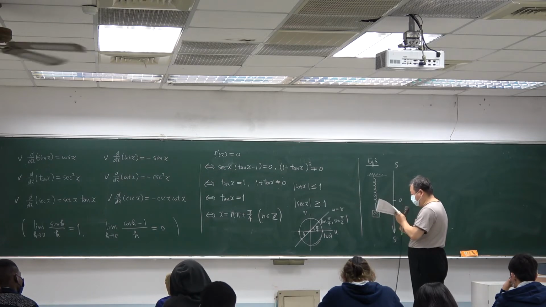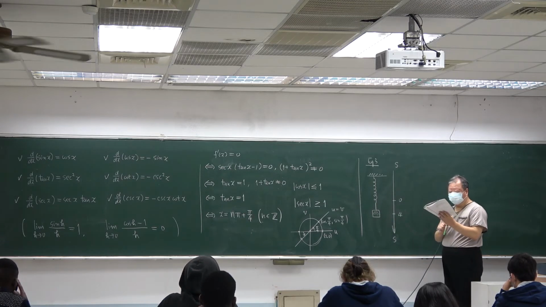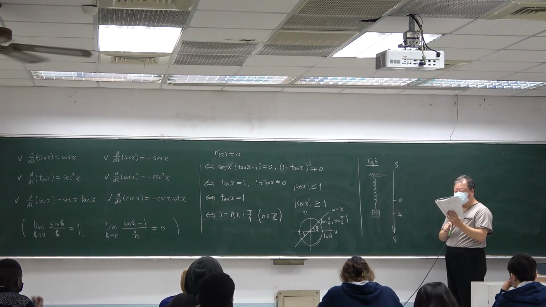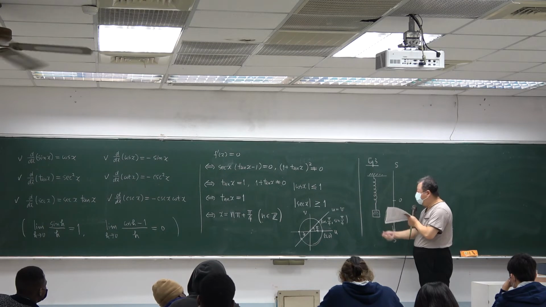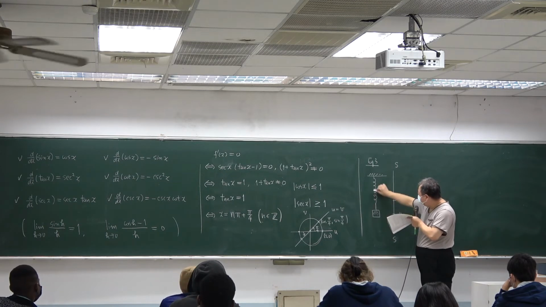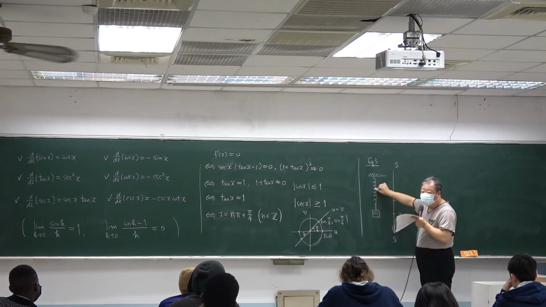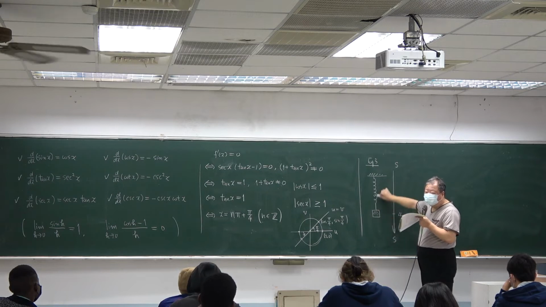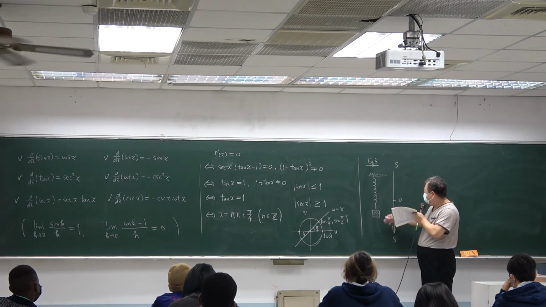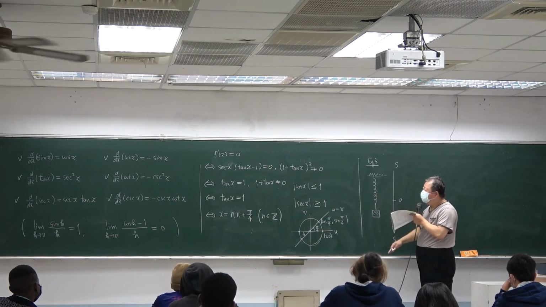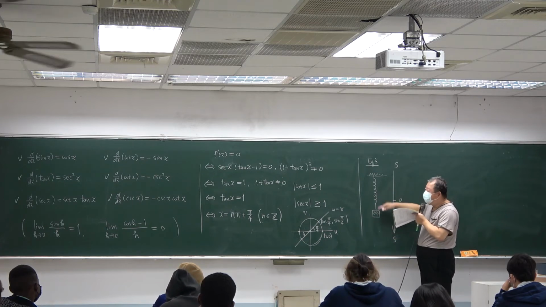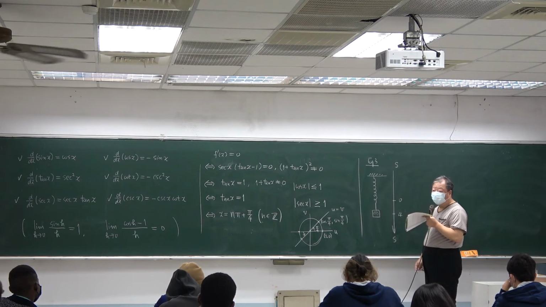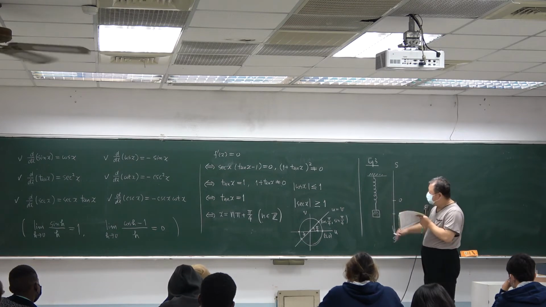It is released at time t equals 0, and then the object will make a vibration. This is a simple harmonic motion.